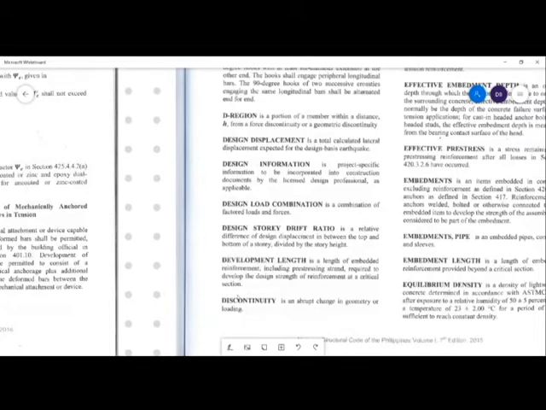So what do we usually do if we find out that the reinforcement we have didn't meet the minimum required development length? We usually provide hooks or bends. So let me show you, through problem number 1, how we check the development length.